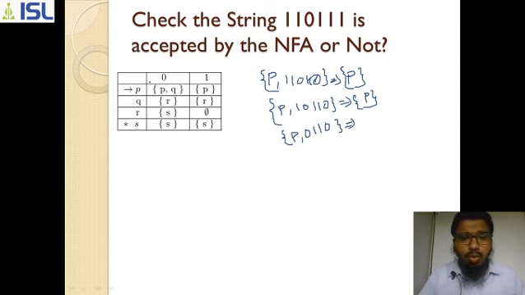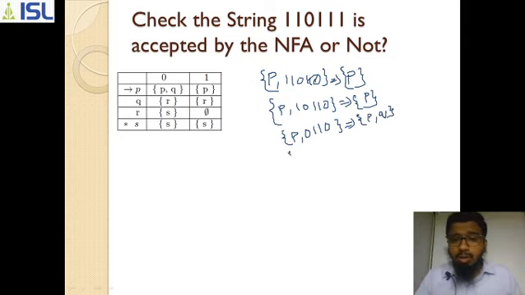P comma 0 is p comma q. Now you can take any one, p or q. If I take p again, I will get the same thing. So I will take q, 110.